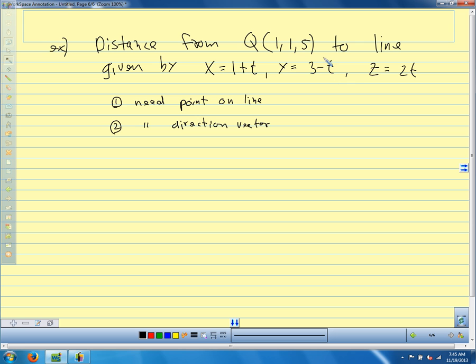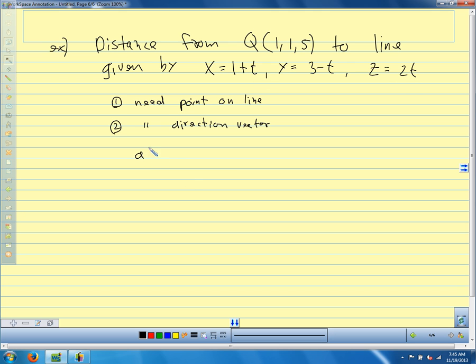We can use 1, 3, and 0. Basically we're substituting t equals 0 for the parameter, and that gives us a point on our line from our parametric equations. The 1, the 3, and the 0 is equivalent to substituting t equals 0.